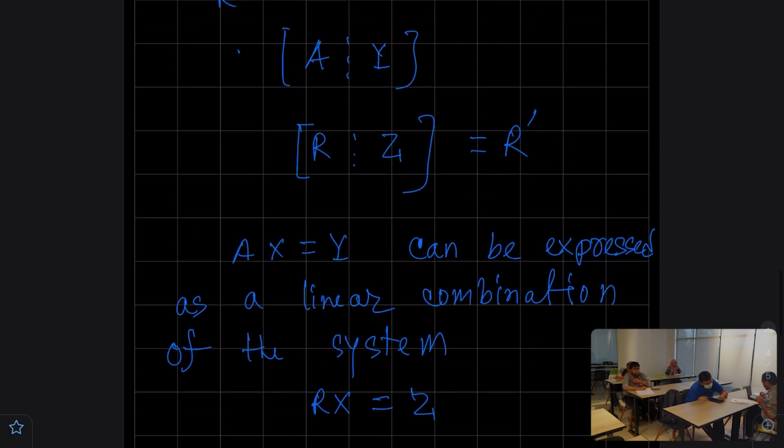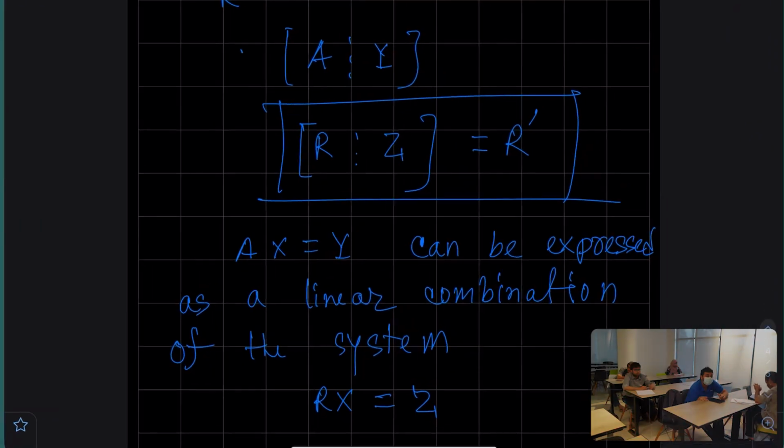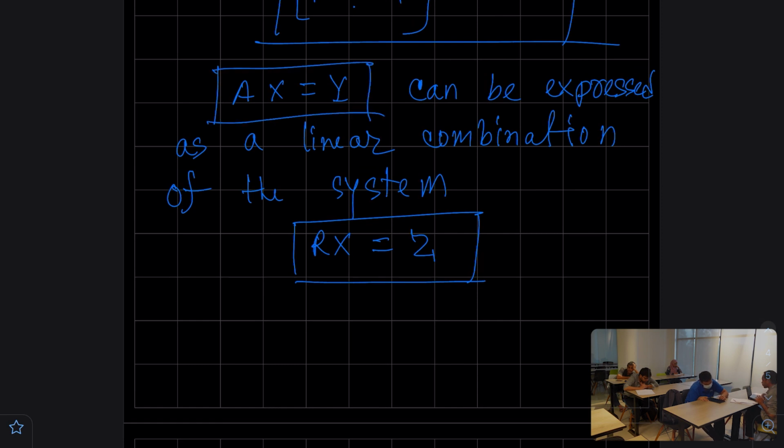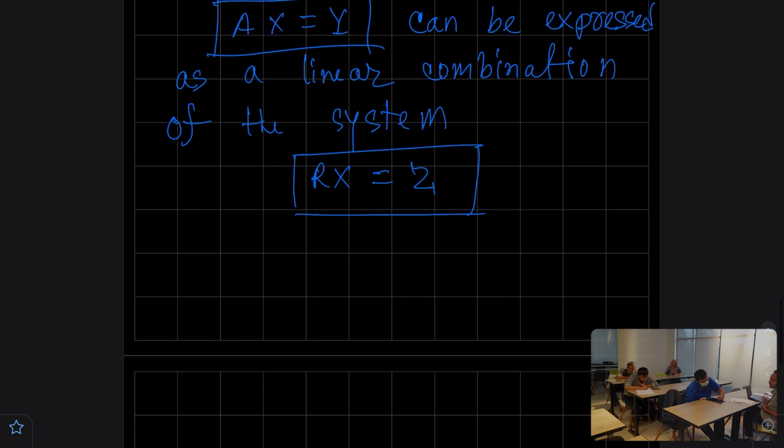Then I can write the system AX equals Y as a linear combination of the system RX equals Z. That means these two systems are equivalent systems of linear equations, right? Okay, then R is the row reduced echelon matrix.